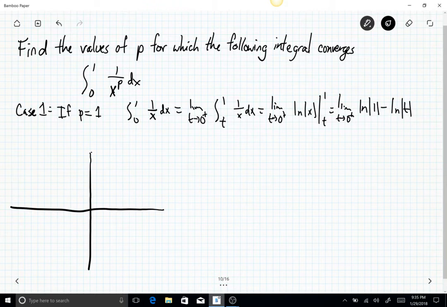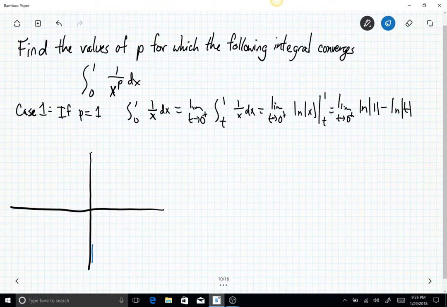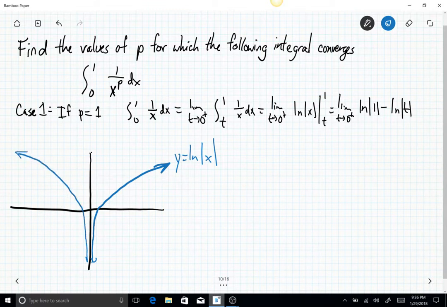So in terms of what happens with the natural log function, you get something that goes like this. If I do natural log of x, I've got to be a little more careful, so I'll use the absolute value. Okay, that's supposed to be symmetric, so this is -1, this is +1.